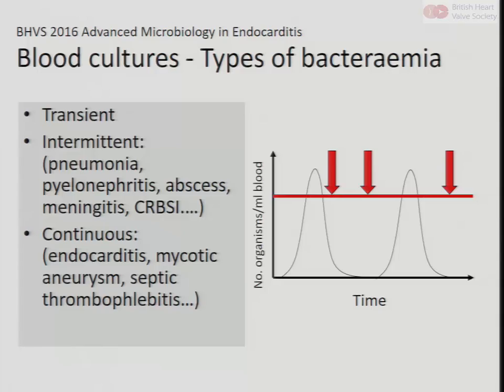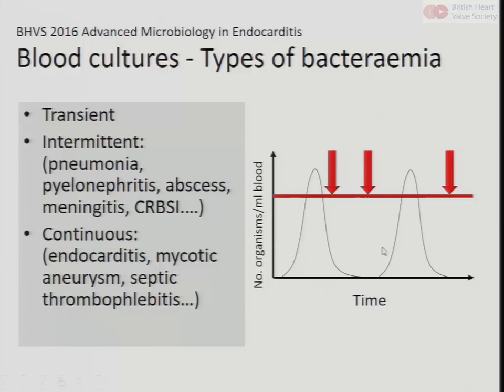This black line represents bacteria in the bloodstream coming and going. A transient bacteremia is bacteria appearing in the bloodstream and disappearing, and that happens to all of us on a fairly regular basis, but can also be precipitated by things like having a urinary catheter changed.